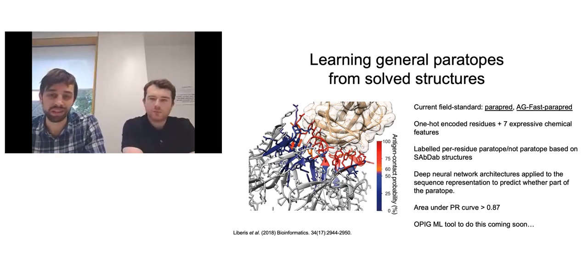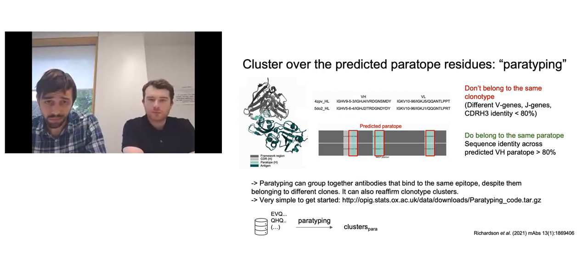And then it's trying to output a label of in the paratope or not in the paratope. So you stick a sequence in, and it tells you which residues are likely to be in the binding. And you can do this really quite well: the area under the PR curve is around about 0.87 for this. So this is something we can do really, really well.